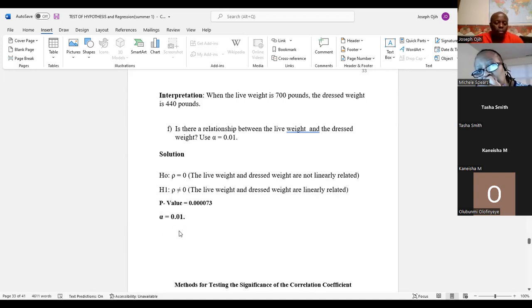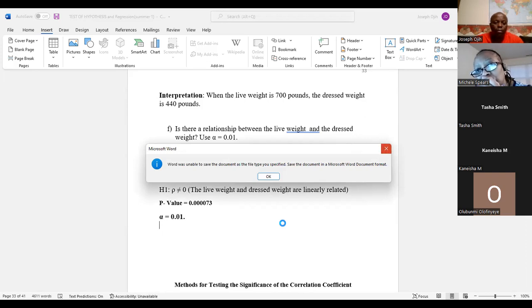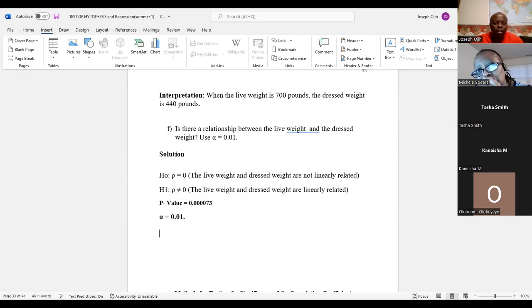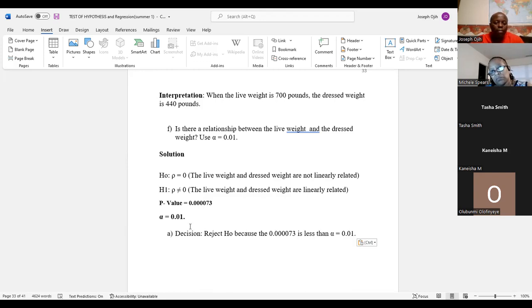So reject H0, decision. Reject the null hypothesis, which is H0, because the p-value, or I can put it this way, because 0.000073 is less than alpha.